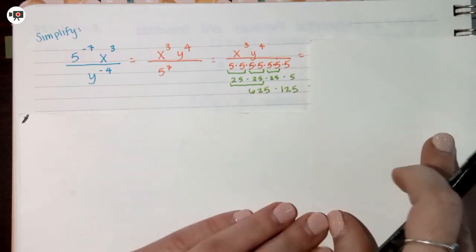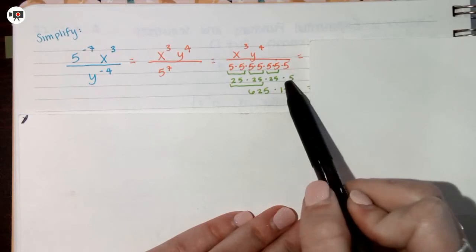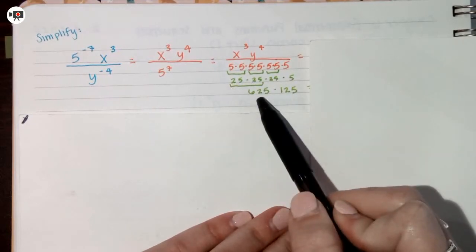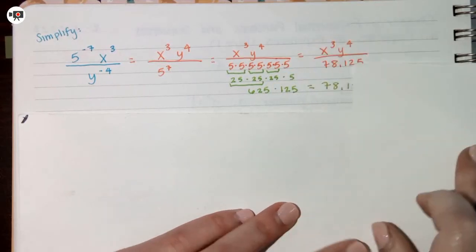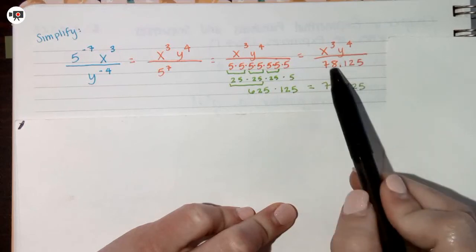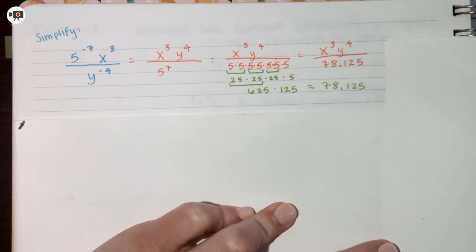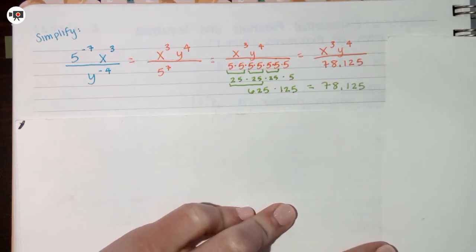So, in doing that, 5 times 5 is 25, 25, 25, and another 5. 25 times 25 is 625. 625 times 125 is 78,125. So this would be x to the 3rd, y to the 4th, over 78,125. And this would be my final answer here.